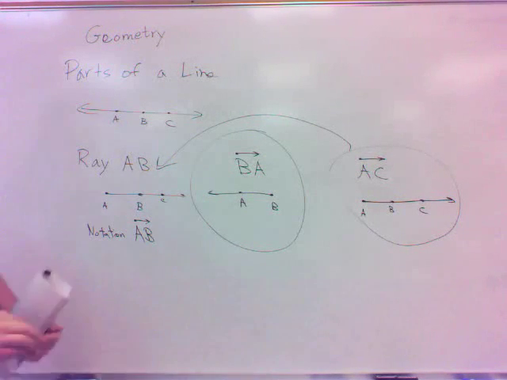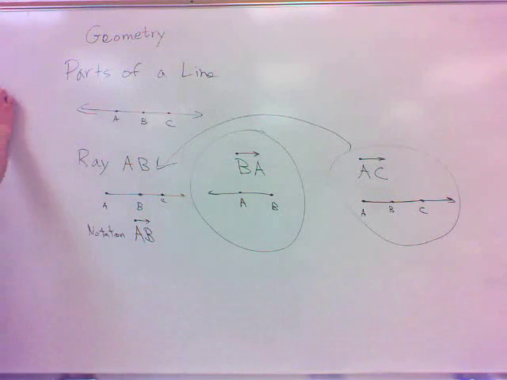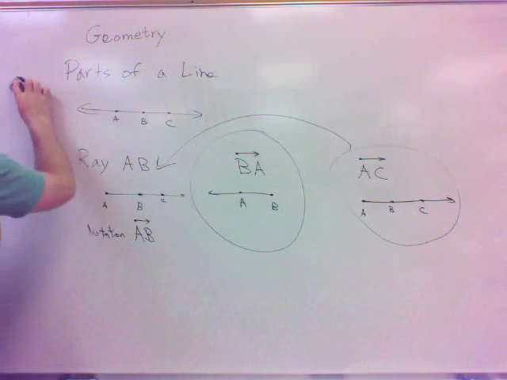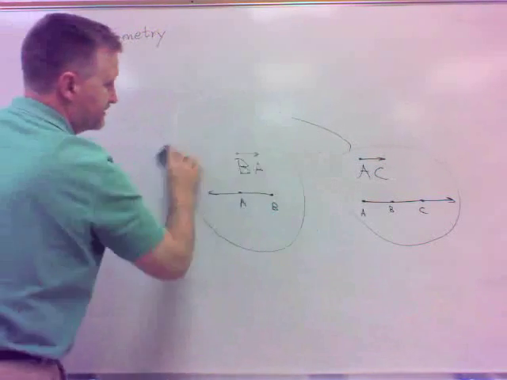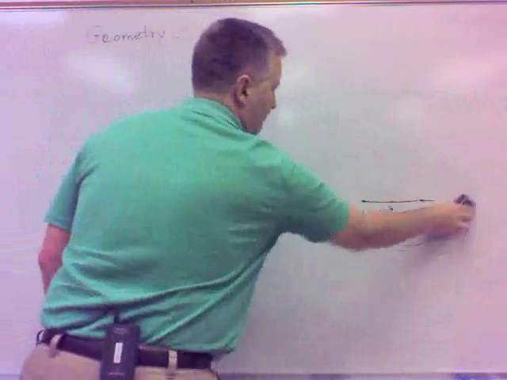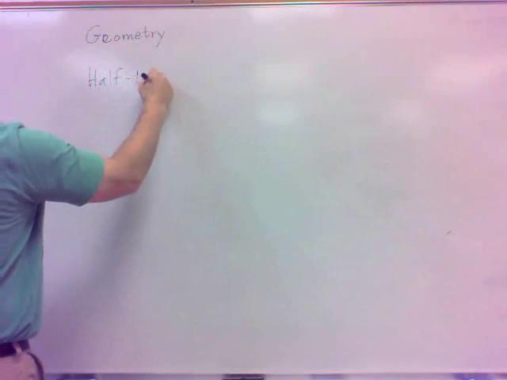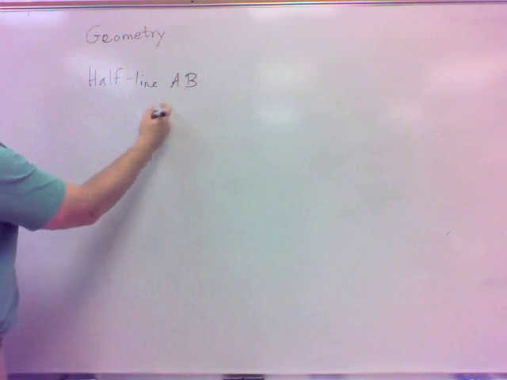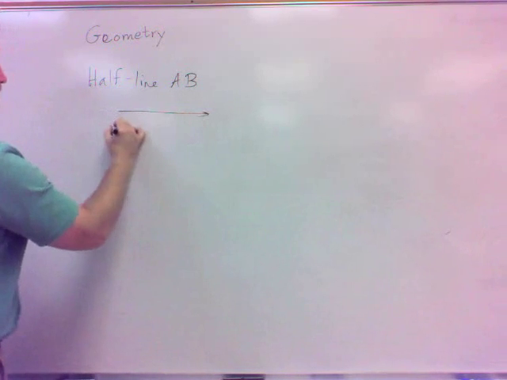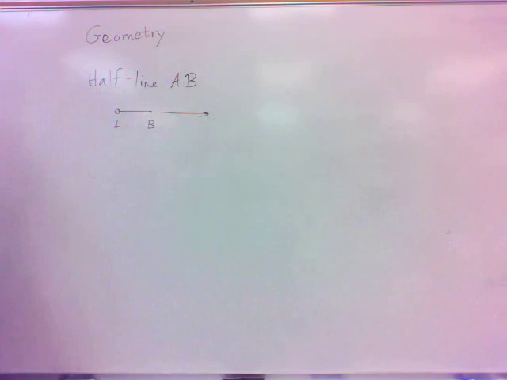We'll talk about the one that just starts and stops at points, but we'll get to that. Similar to the ray is the half line. There's only one little distinction between a ray and a half line. Half line AB, same thing, starts at A, goes in the direction of B. The distinction is on a half line, the endpoint actually is not included.